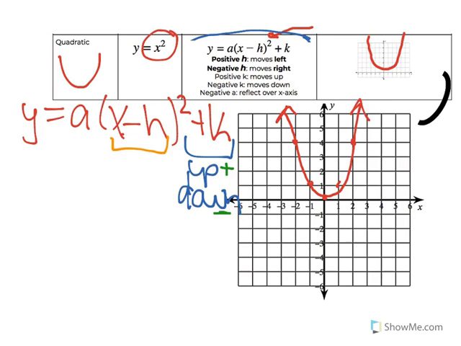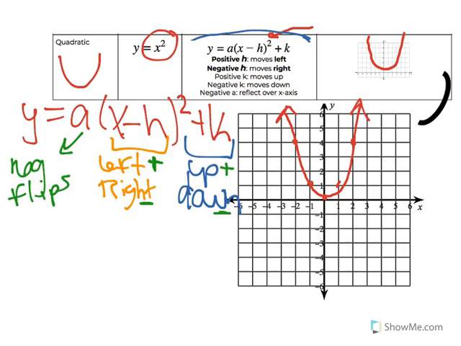This is going to tell you left and right. And it's opposite. If it's positive, you're going to the left. If it's negative, you're going to the right. And this, if it's negative, the graph flips upside down. So let's look at an example.